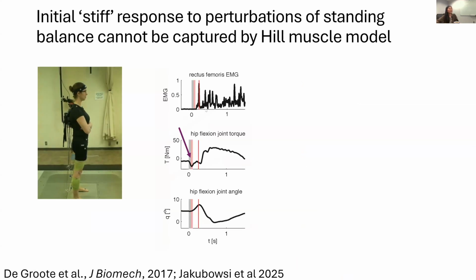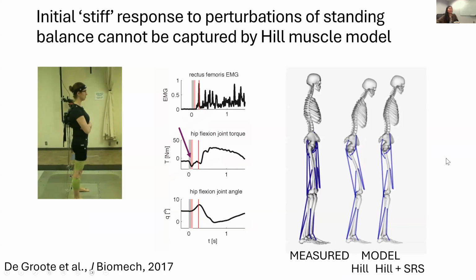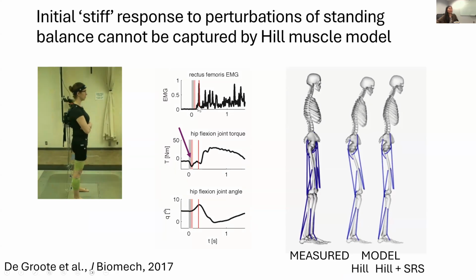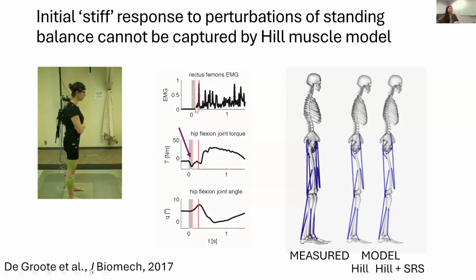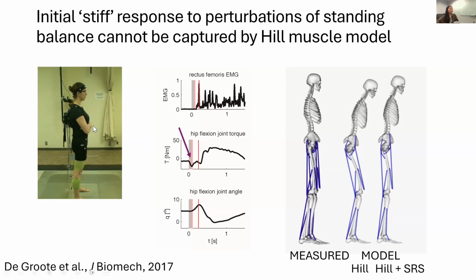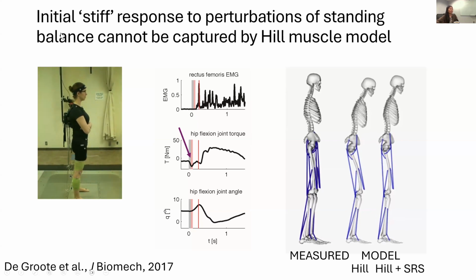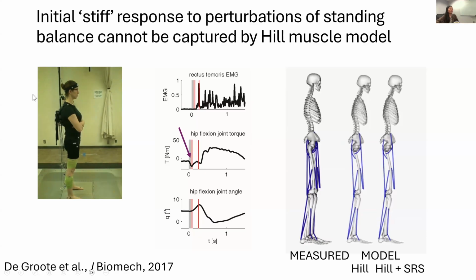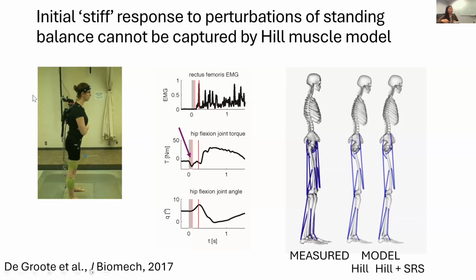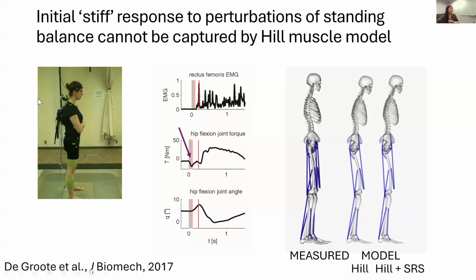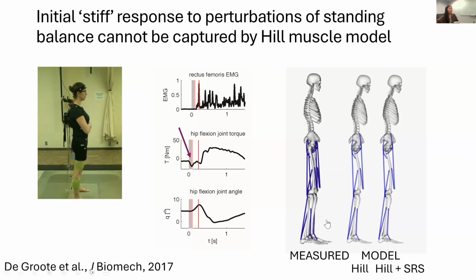This is another data set from the human experiment. And here is what happens with the conventional real-time muscle model during the 100 milliseconds after the perturbation. 100 milliseconds is quite short. It is shorter than the time that is typically needed for the feedback pathway to generate torque because of the delay in the neuromuscular system.